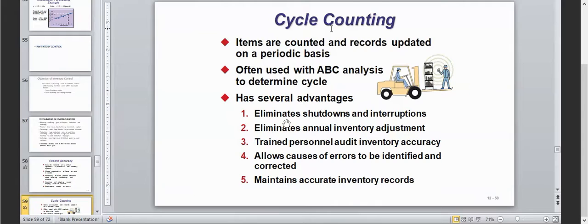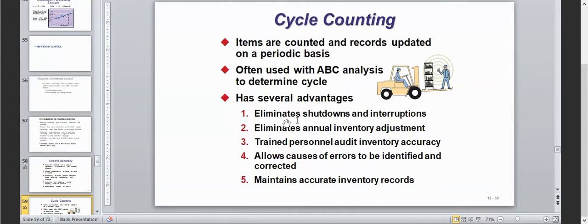So this cycle counting is often used with ABC analysis to determine the period of counting activities. Cycle counting has several advantages.